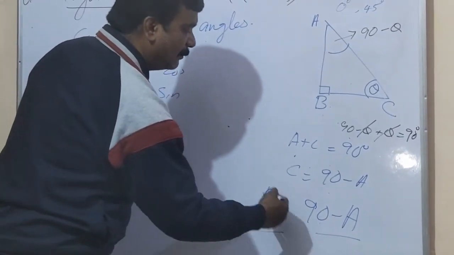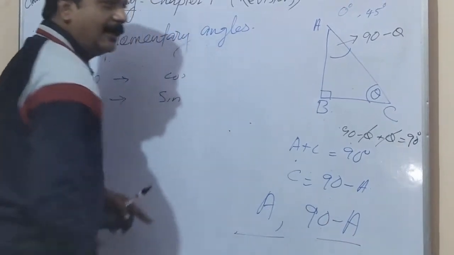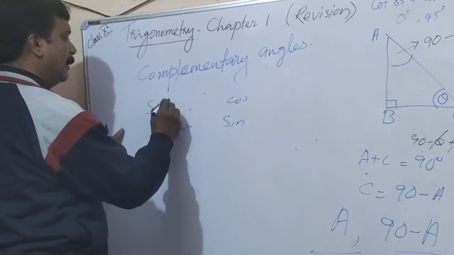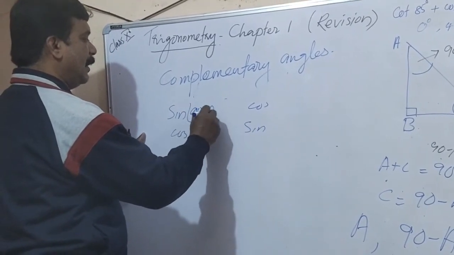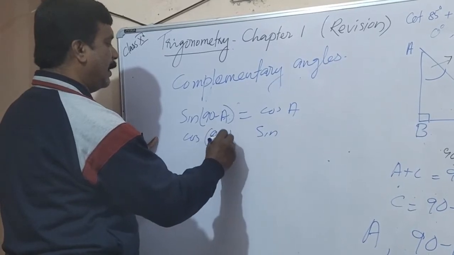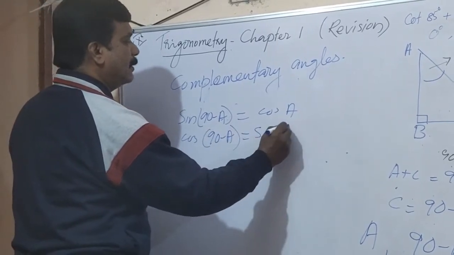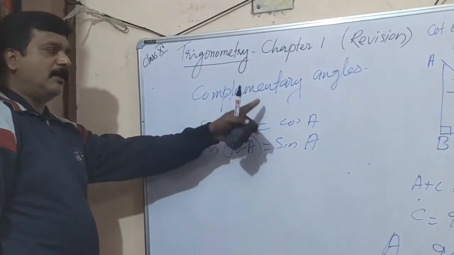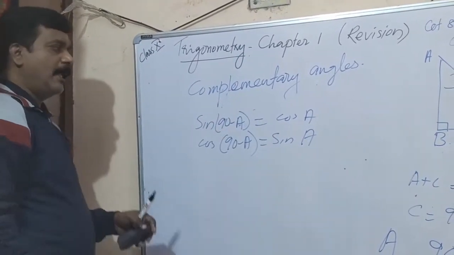Because if you add them, plus A minus A cancel, 90. Okay, so that means sine 90 minus A will be cos A, and cos 90 minus A will be sine A. This is the complement formula.